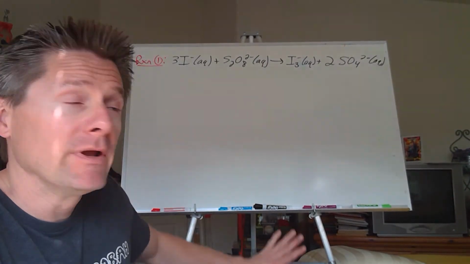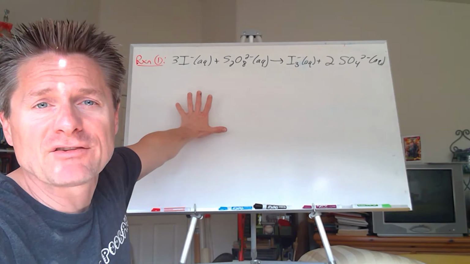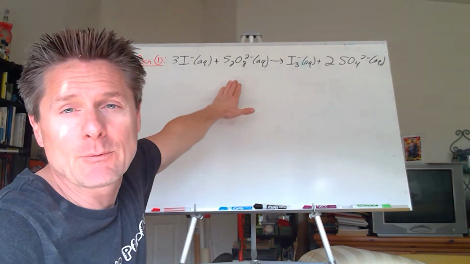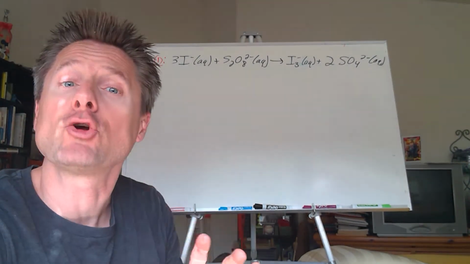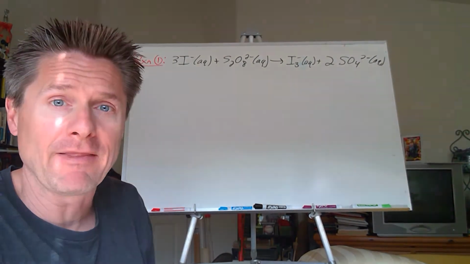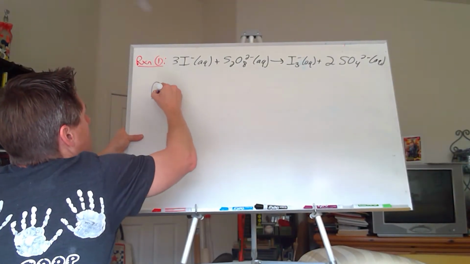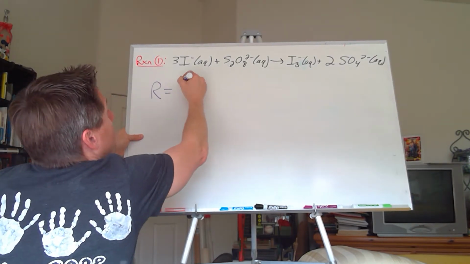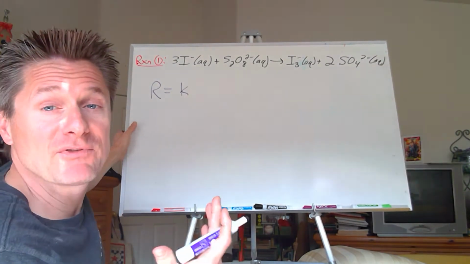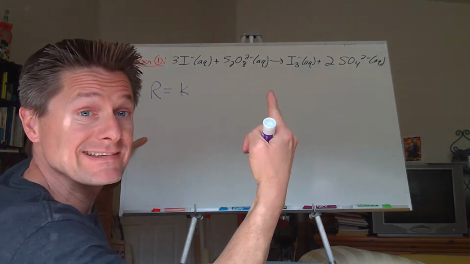All right, what I did is I rewrote reaction 1, which is the reaction of interest, the iodide ion reacting with the peroxydisulfate, and our goal is to figure out the rate law for that. So let's write the rate law. So the rate will be the rate constant, remember, times the concentration of reactants raised to some exponent.